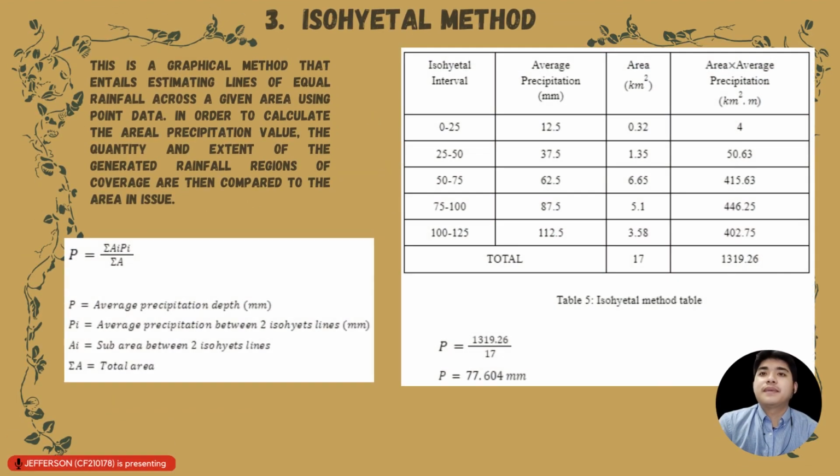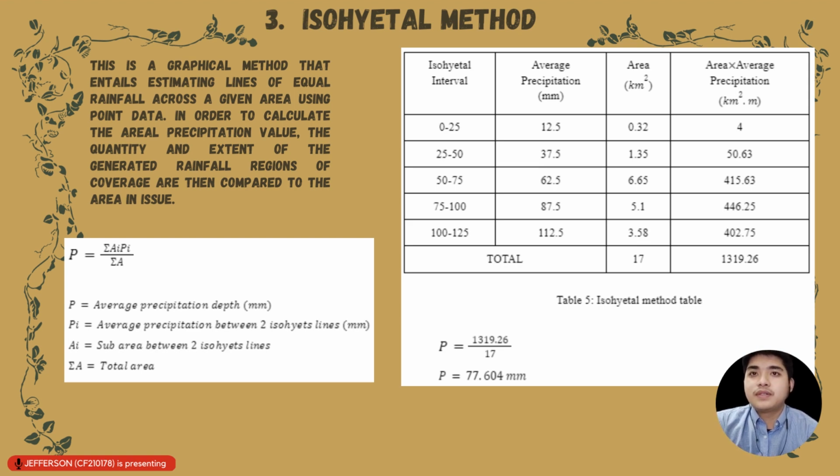The isohyetal method is a graphical method that entails estimating lines of equal rainfall across a given area using point data. In order to calculate the areal precipitation value, the quantity and the extent of the generated rainfall region of coverage are then compared to the area in question.